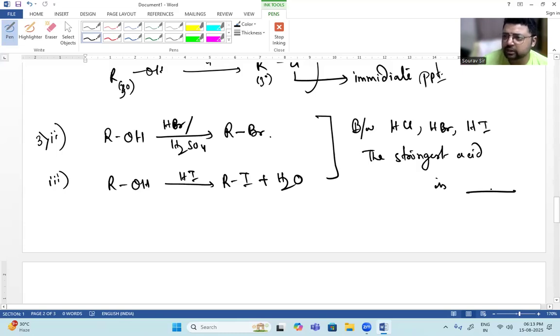Whose bond strength will be lowest? The one with the lowest bond strength will have the lowest pH as well. Okay, so it will be the strongest acid. Here, HI will be that.